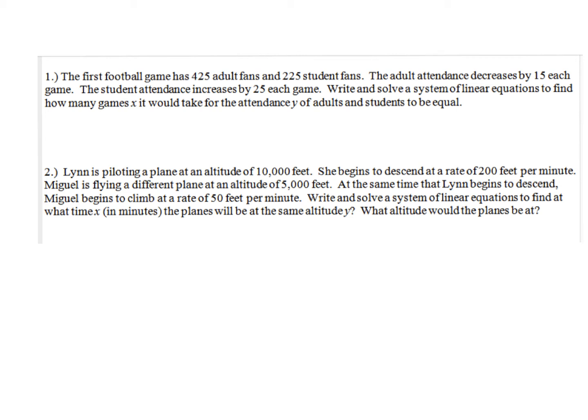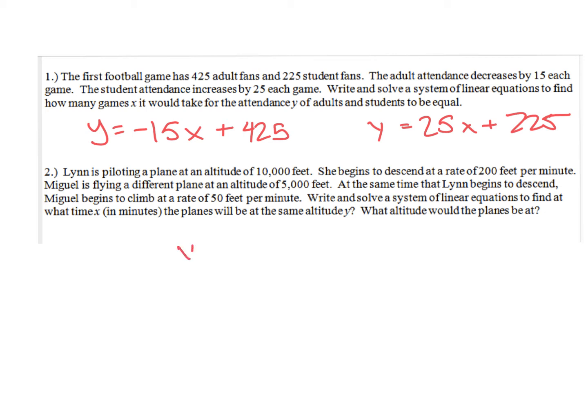The adult attendance, y equals negative 15x plus 425. The student attendance, y equals 25x plus 225. Lynn's plane, y equals negative 200x plus 10,000.